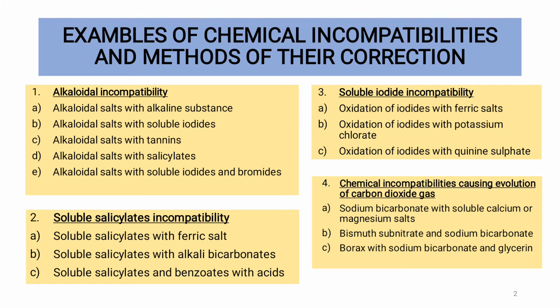Then the next incompatibility is soluble salicylates incompatibility, which is subclassified into 3: soluble salicylates with ferric salts, soluble salicylates with alkali bicarbonates, and soluble salicylates and benzoates with acids.